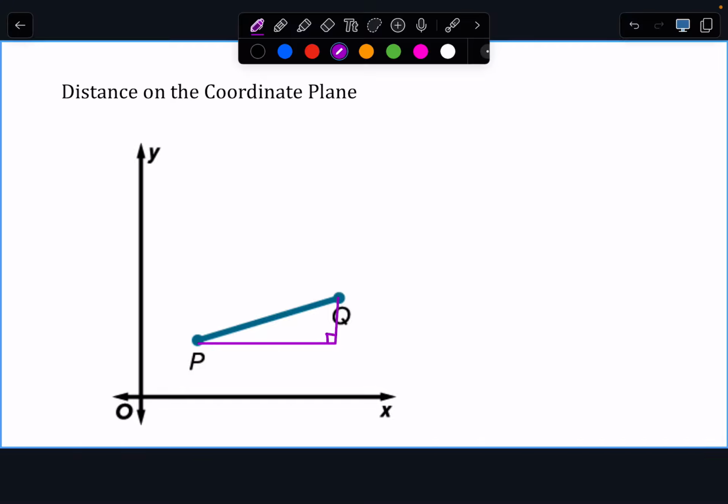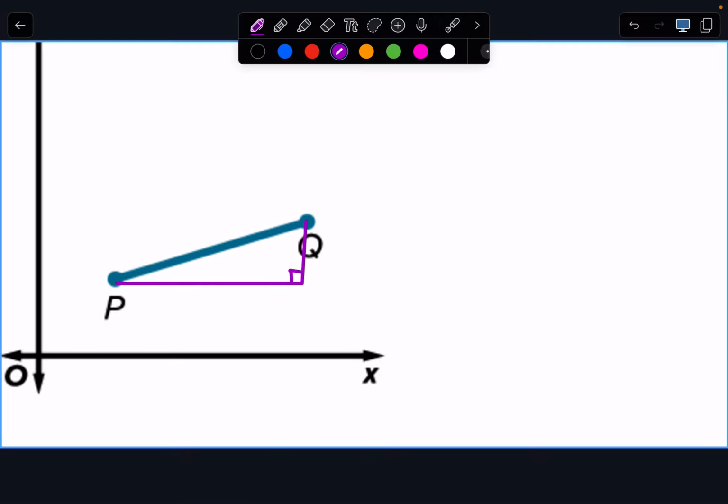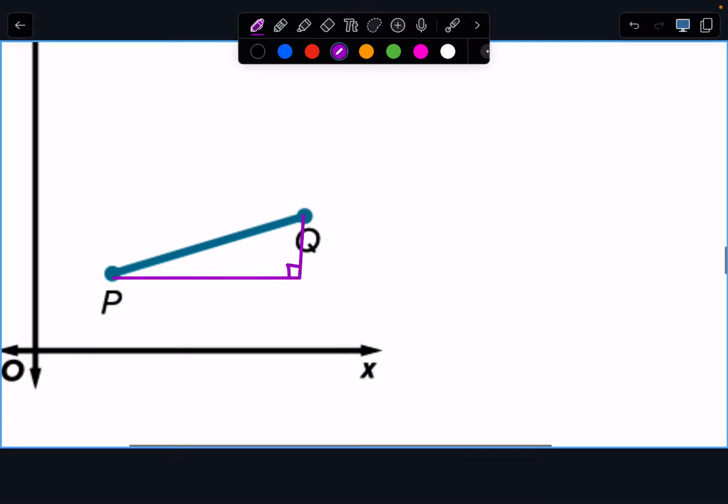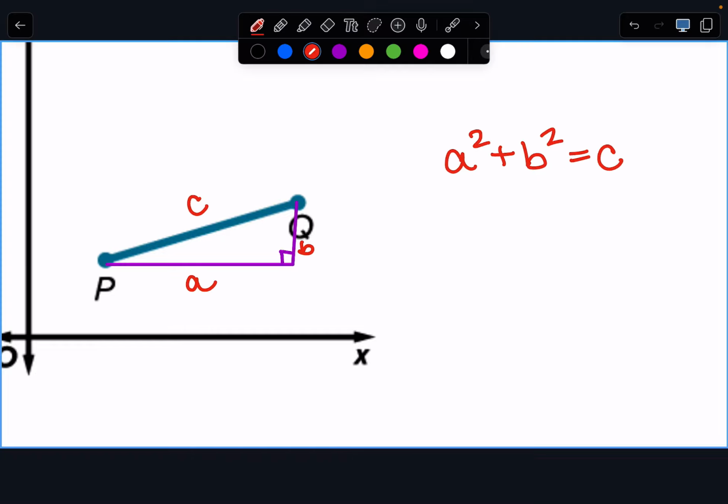Now, who can raise their hand and tell me the Pythagorean theorem? She was reading my mind. So if we have sides A, B, and hypotenuse C, A squared plus B squared equals C squared.